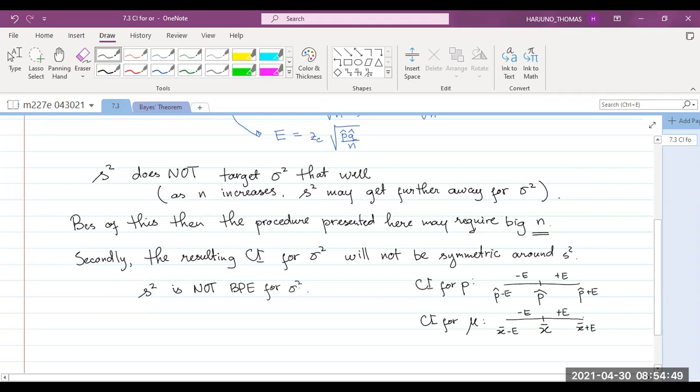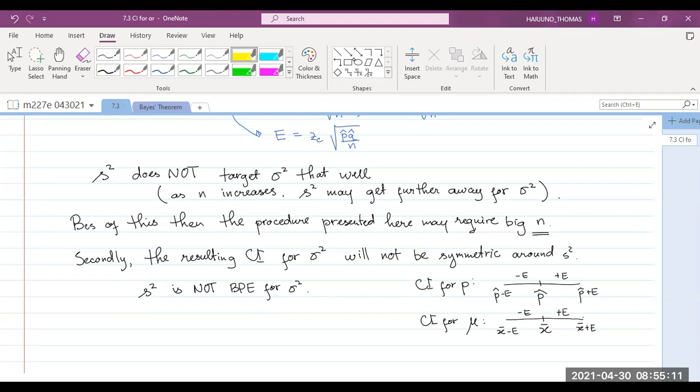Some professors even say it's not even a point estimate. My opinion is it is still a point estimate, but it is not the best one. We will use sample variance as point estimate, but we know that's not the best one.